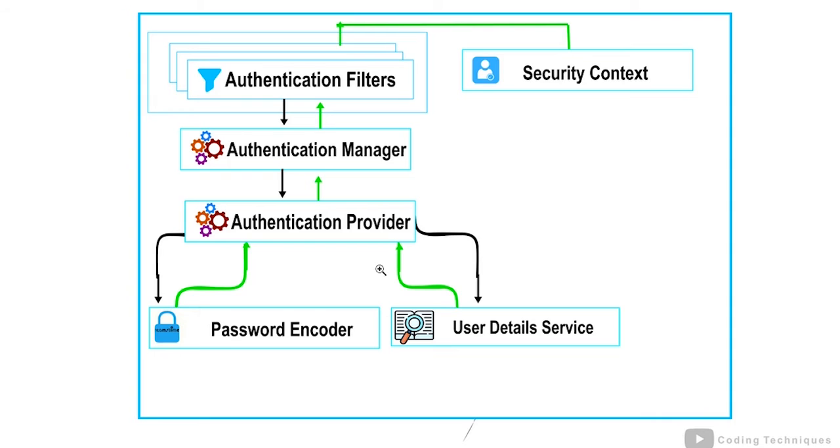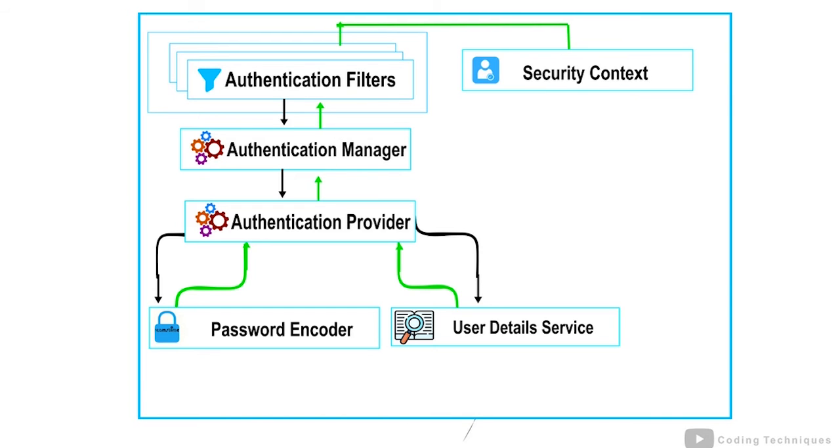Then it will return to the security context, in the case of a successful authentication. And when the request is not successful, it will return the 403. That is forbidden. Okay, as you see here.